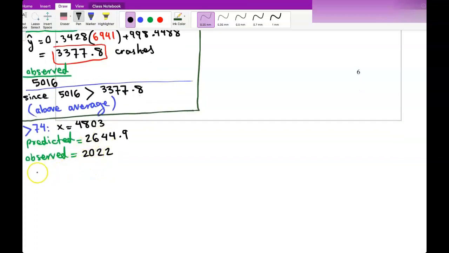Now compare these two. Since observed is less than predicted, this is below average.